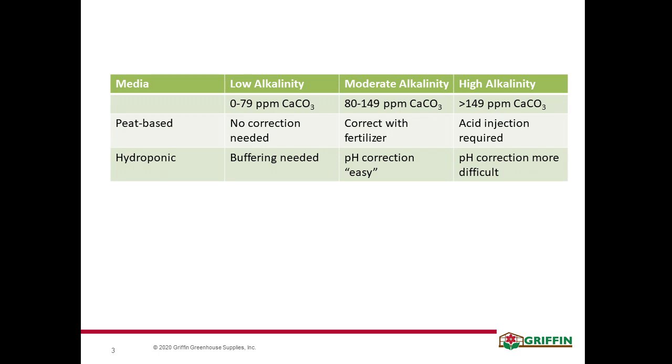Now, with hydroponic solutions and media like rock wool or coir, the pH of the water itself is what we need to adjust. These adjustments are influenced by alkalinity, but they're also influenced by fertilizer salts and acid or base additions. Jose, what kind of equipment do you see growers use to influence these factors of pH or alkalinity?